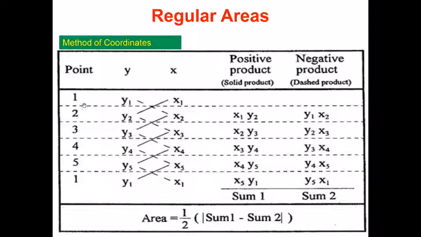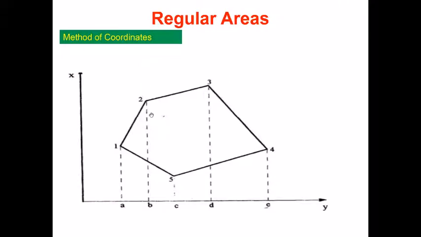The method is that you draw out a table, and the first column represents the station points. In our case, we have station points 1, 2, 3, 4, 5, and then the convention is that you write down the first station point again, because starting from the first point you go to the fifth, and in order to close the loop, we again join point 5 with point 1 using this line.